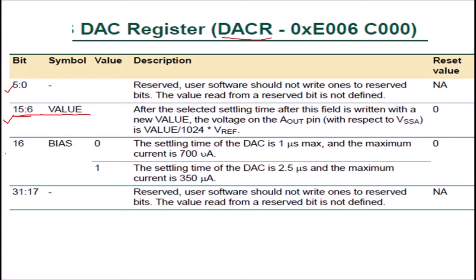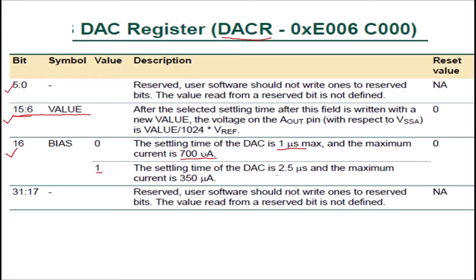Bit number 16 is BIAS, as a speed option is available. We can initialize this bit 16 with value 0. If it is initialized with 0, the conversion time is 1 microsecond maximum, but the current consumption is 700 microampere. You can initialize this bit with value 1.